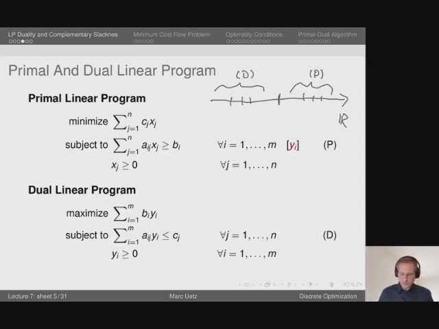And we just constructed it in such a way that y times b is always smaller or equal than c times x for some feasible solution x.